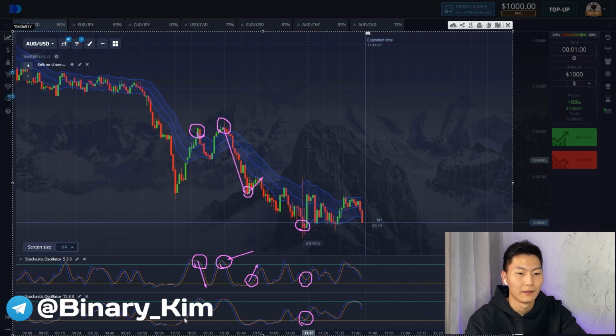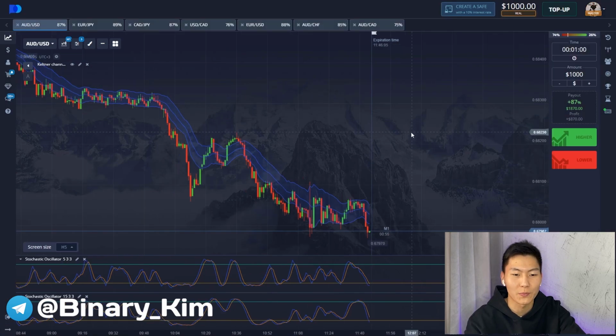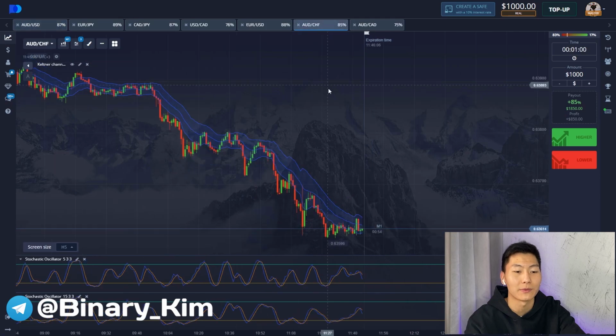So if you see the breakout even on the stochastic, similarly with the breakout on the upper one, then this is a 100% signal. It's impossible to lose here, and you should open a position without second thought.